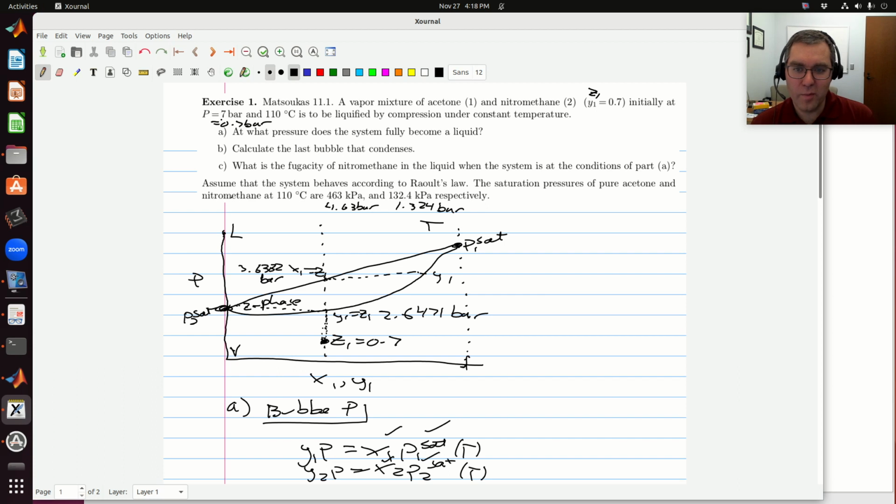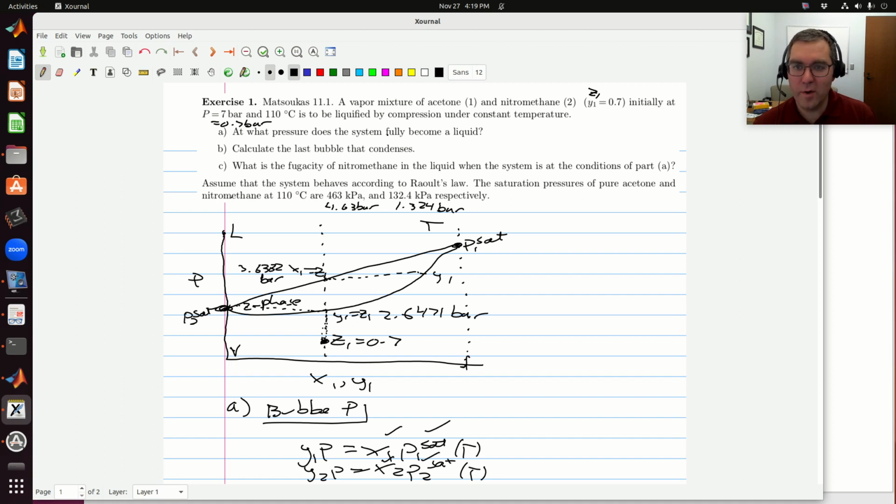In the problem statement they said pressure was 7 bars, which would put you up here. It would already be a liquid. So I'm assuming maybe they meant something like 1.7 or 0.7 bars, just any pressure less than my dew pressure, which would put me here in my vapor phase. Then I increase the pressure until I hit my bubble point pressure, at which point, for that pressure and all pressures beyond, I am fully liquid. Cool. So I've got my bubble point pressure and my dew point pressure.